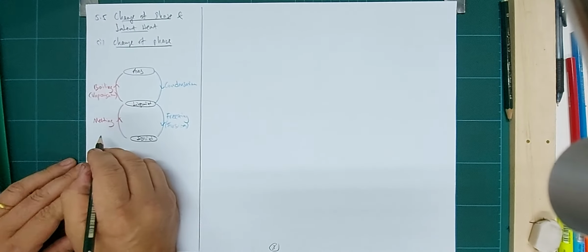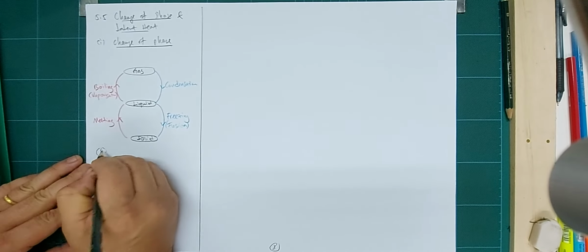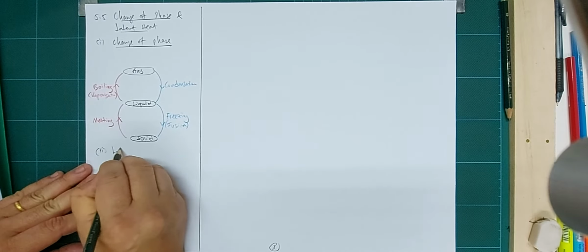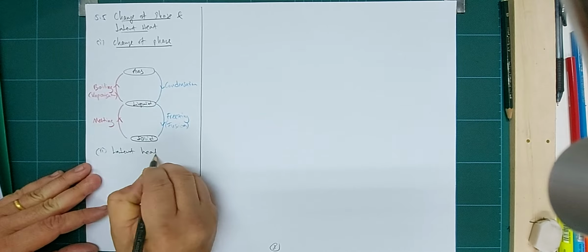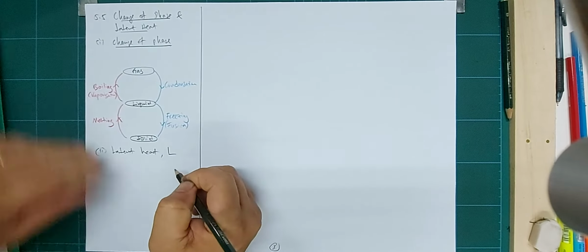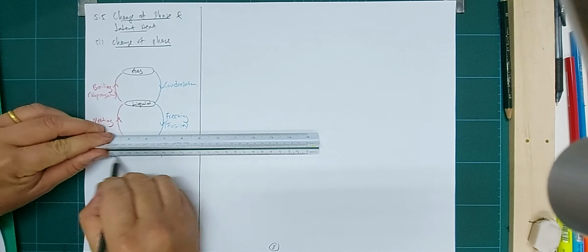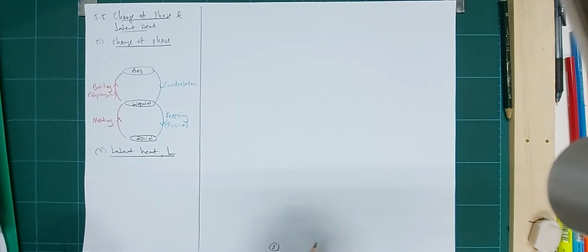Now we look at the meaning of latent heat, specific latent heat, or just called latent heat. The symbol is L, or sometimes a small l.